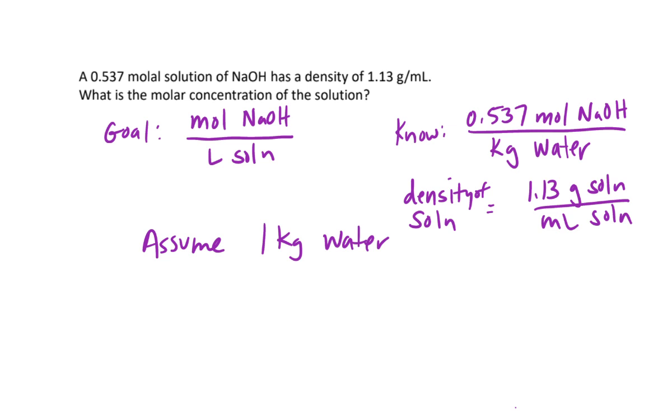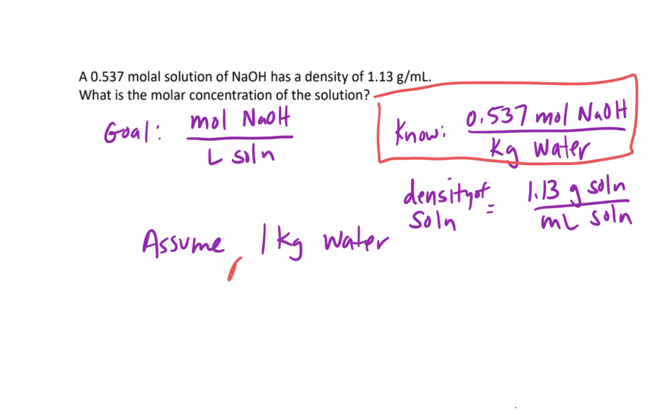We're going to take what we know, and we're going to assume whatever is in the denominator is a nice number. So here we're going to assume we have 1 kilogram of water, 1 kilogram of solvent.